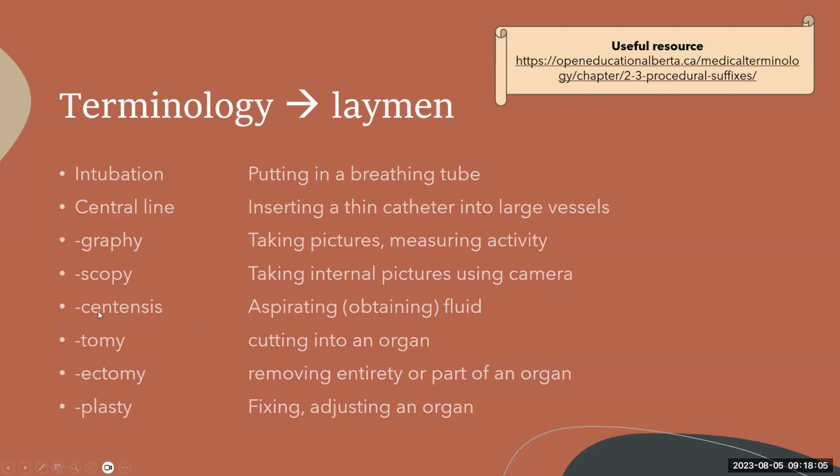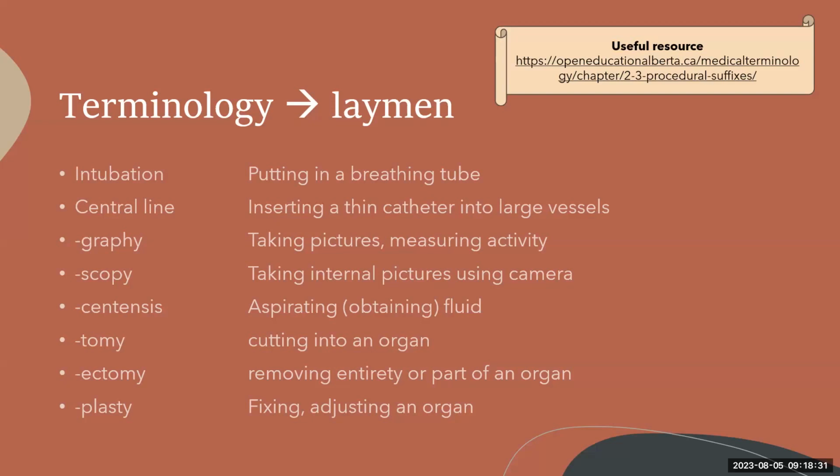So thoracentesis is where you put a needle into the chest and obtain the pleural fluid. Pericardiocentesis is where you obtain the fluid around the heart. Paracentesis is when you go into the abdomen and obtain the fluid in the abdomen, et cetera. There's any kind of cavity you can use that word for.